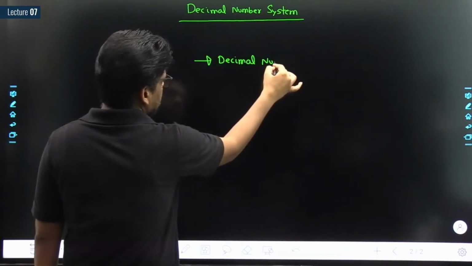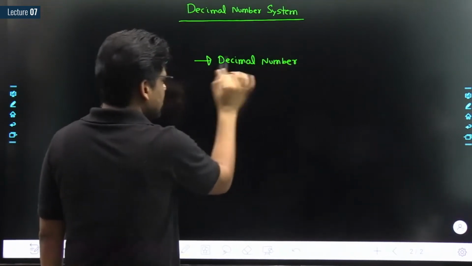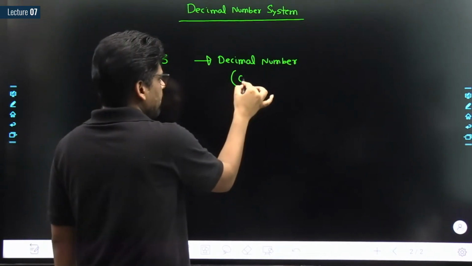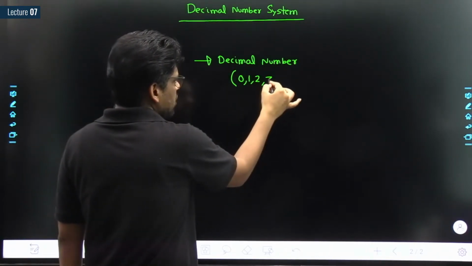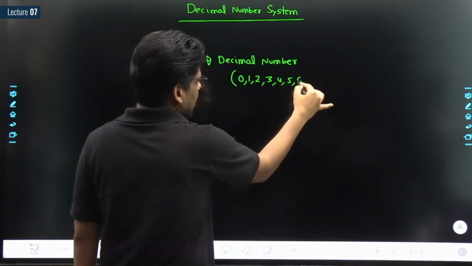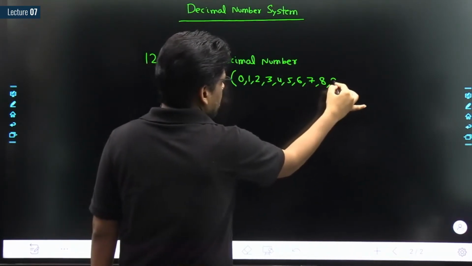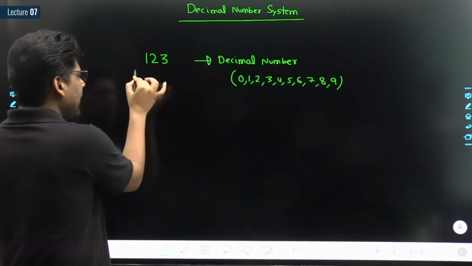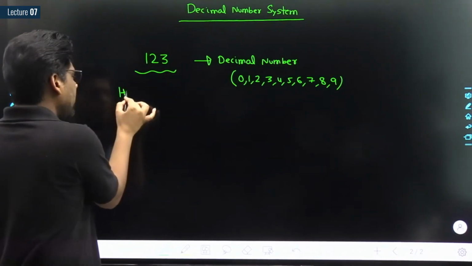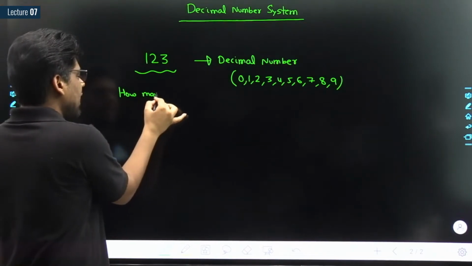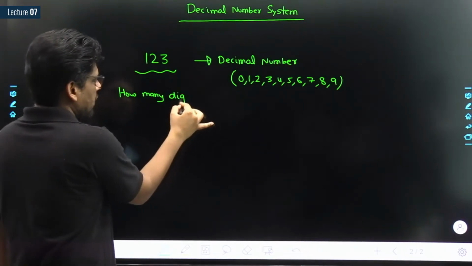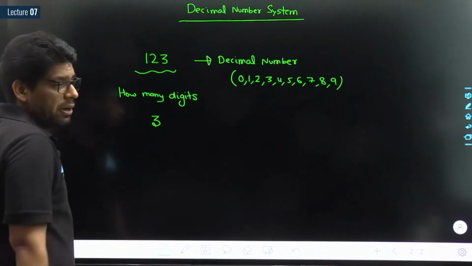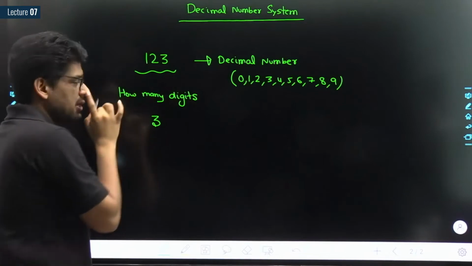In the decimal number system, every number can be represented using 10 symbols. What are those 10 symbols or digits? 0 to 9. If I ask you how many digits are there in this number, there are 3 digits.